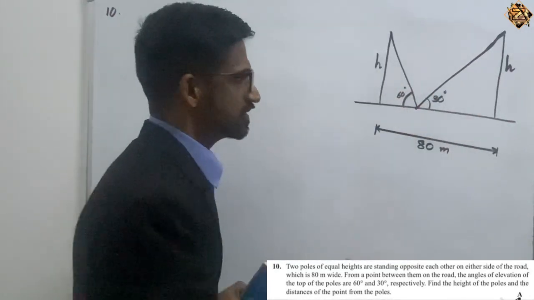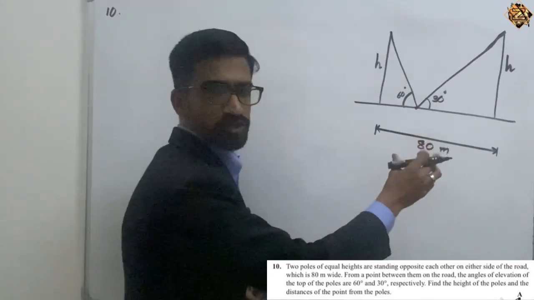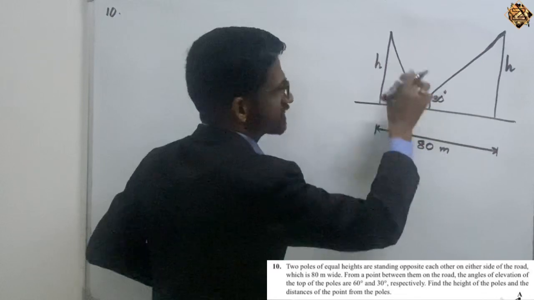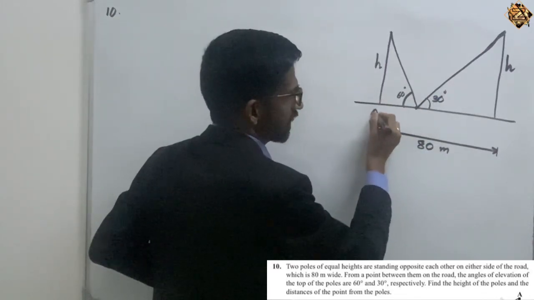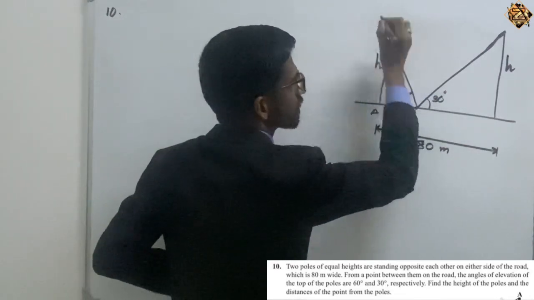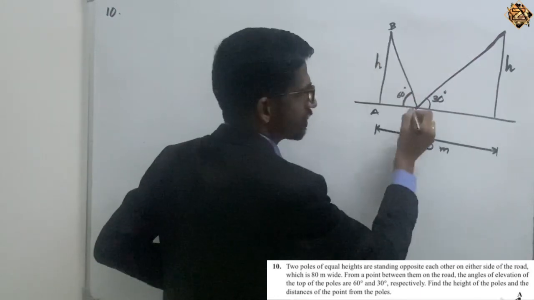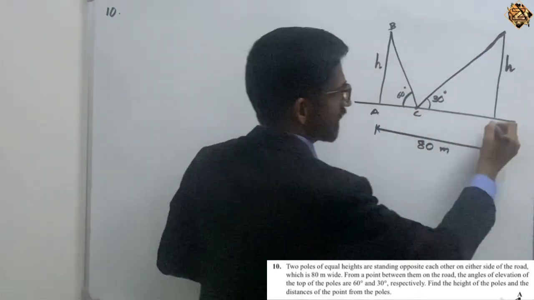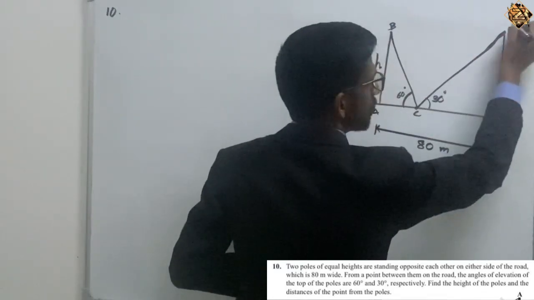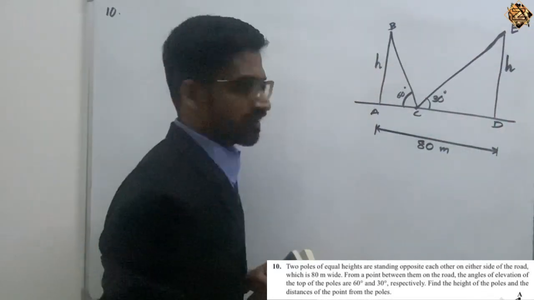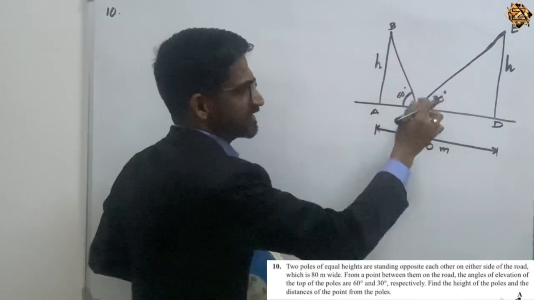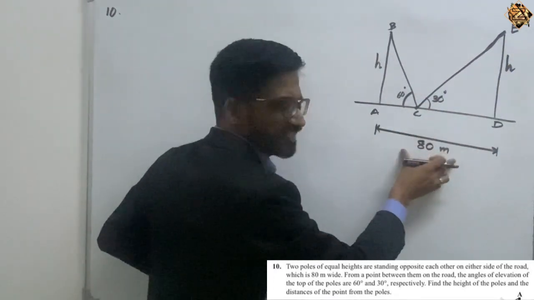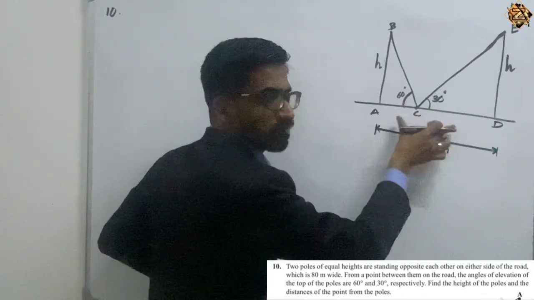Okay, so the total width of the road is given, that is 80 meter. When we are considering this triangle, let AB be one of the poles and C be the point on the road and DE be the other pole. When we are considering triangle ABC and CDE, the 80 meter is not suitable for both the triangles, isn't it?